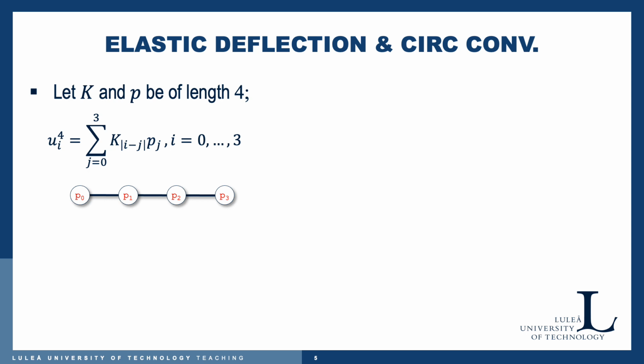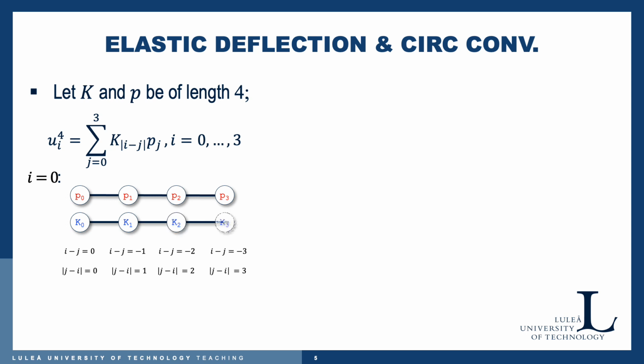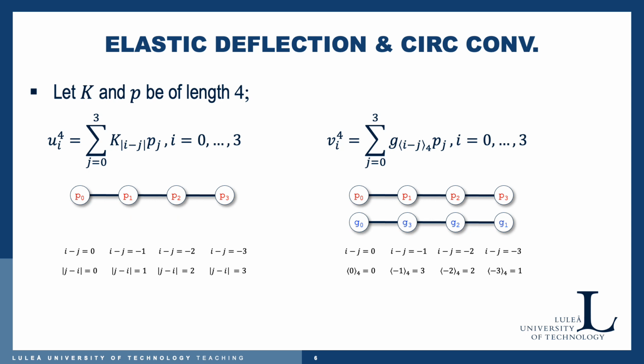So we have the vector p here, p0 to p3, and for i equals 0 we know exactly what the difference is, we know exactly what the absolute value is, and the same goes when we increase the summation index, and therefore we can easily obtain the value of k which we should multiply with p in order to obtain the value for the deformation at that point.